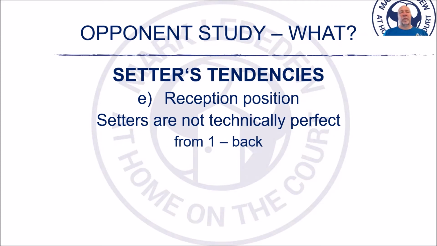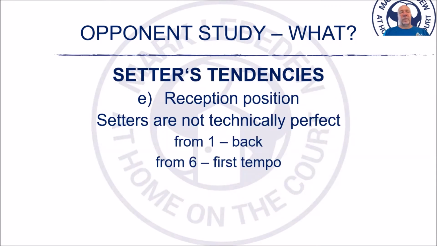Coaches would prefer that the libero didn't receive, or would prefer a worse reception from a better position than a good reception from a bad position. And I'm not sure that that's the case. And you should probably check what it is in your level.